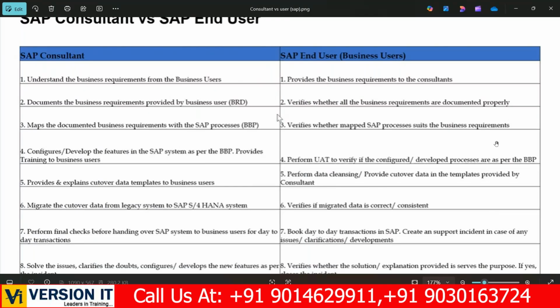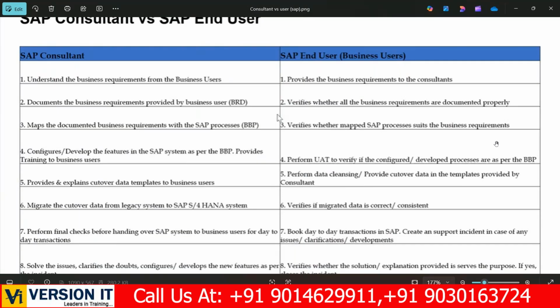Note: SAP end user or business user or key user.